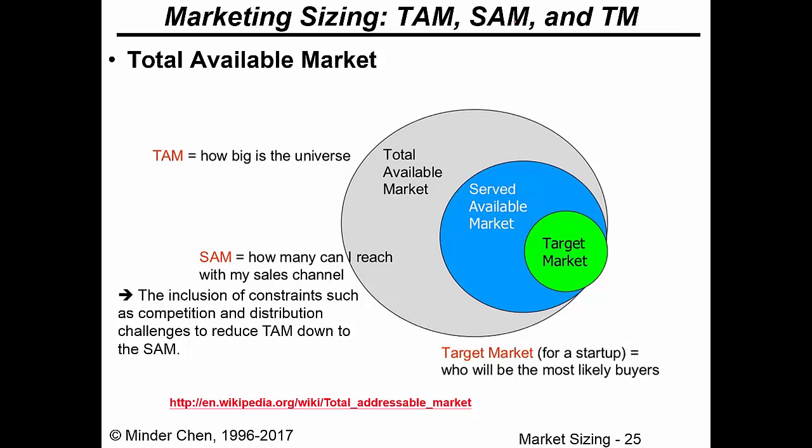And TAM is the biggest universe. SAM is how many you can reach based on your sales channel. And the SOM, or target market, for a startup is to identify the most likely buyer that you want to target at the beginning of running your business.